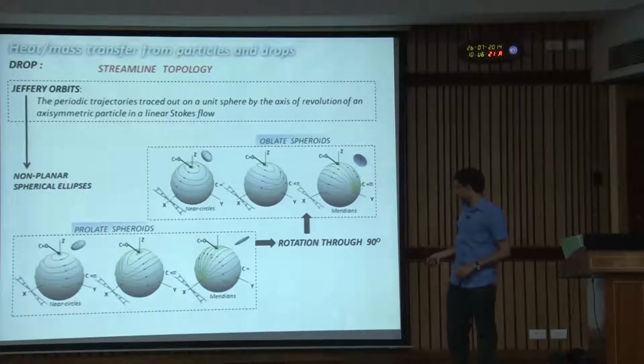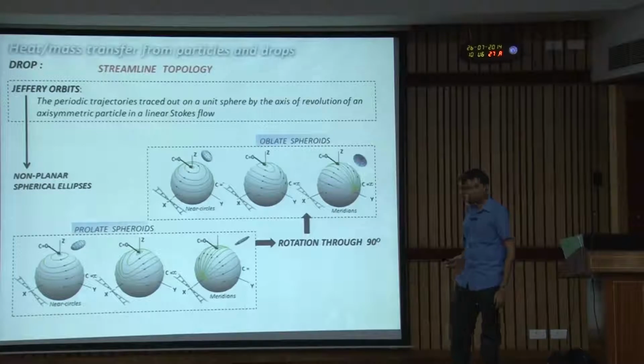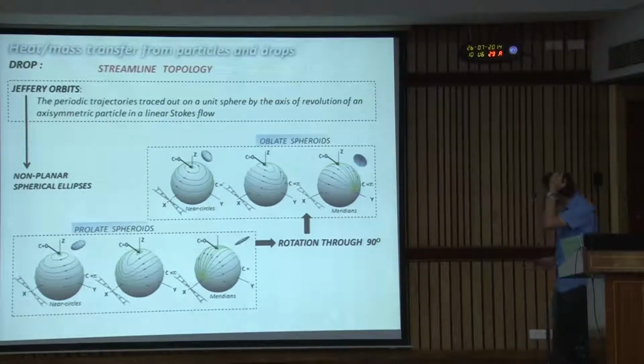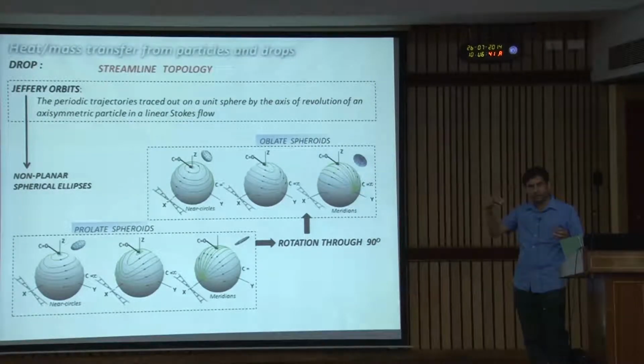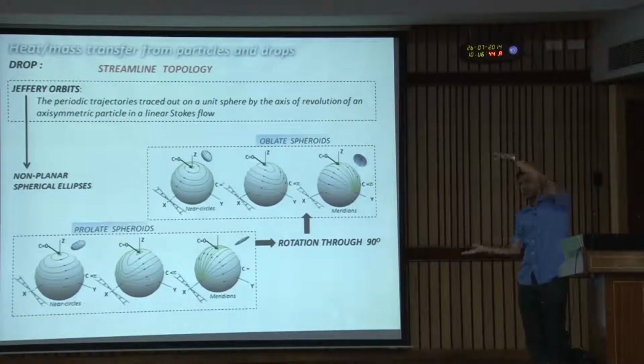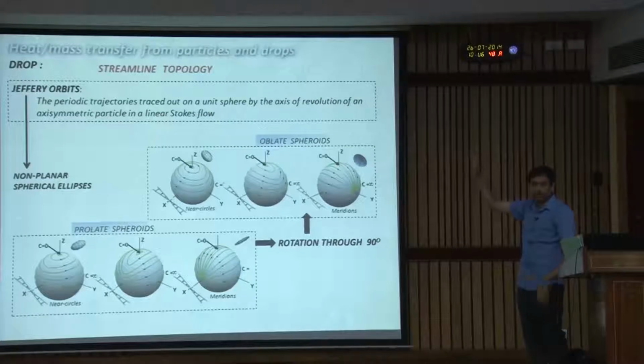C equals infinity is its tumbling, okay? And all the others are intermediate non-planar orbits. And they become meridians when the prolate spheroid becomes very, very slender. So, the pattern is that as the spheroid aspect ratio increases, if the shear is like this, it tends to flip when it is upright, the shear flow turns it very fast.